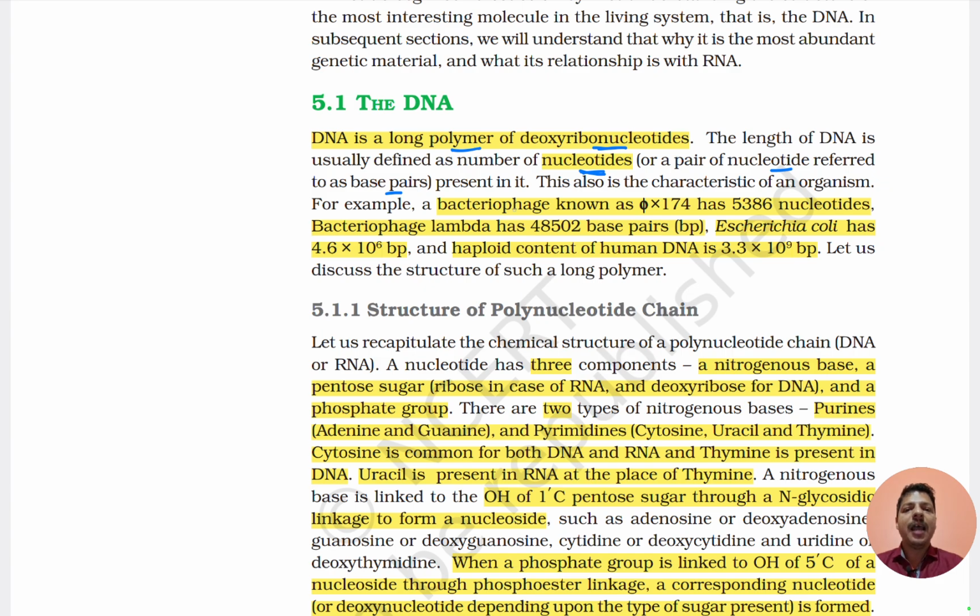For example, a bacteriophage known as Phi174 has 5386 nucleotides, and bacteriophage lambda has 48,502 base pairs. E. coli has 4.6 into 10 to the power 6 base pairs, and the haploid content of human DNA is 3.3 into 10 to the power 9 base pairs.